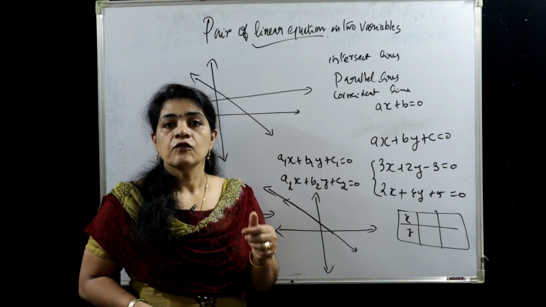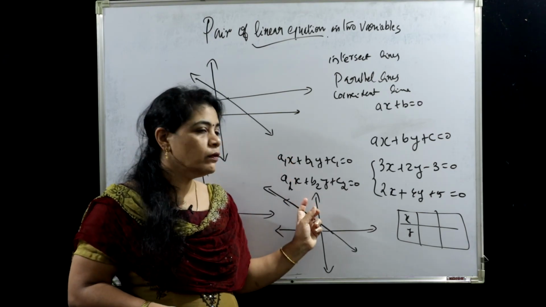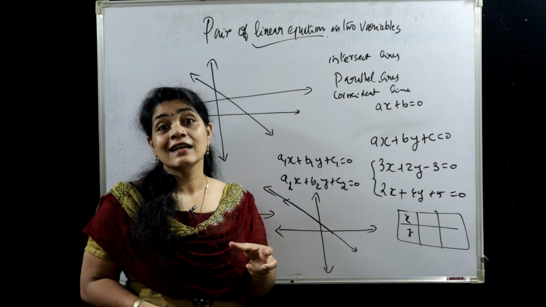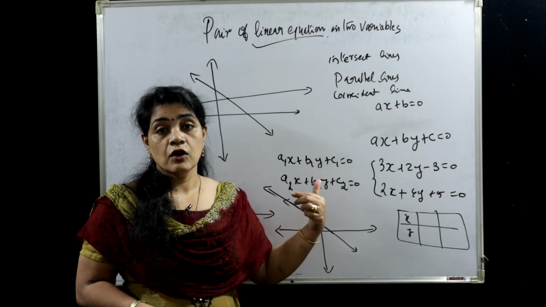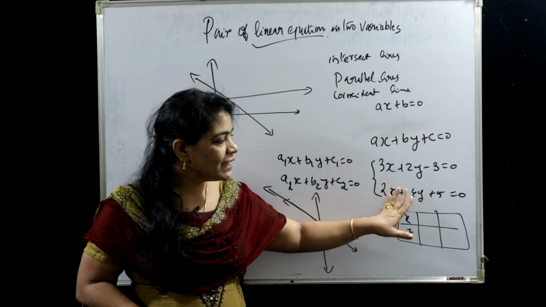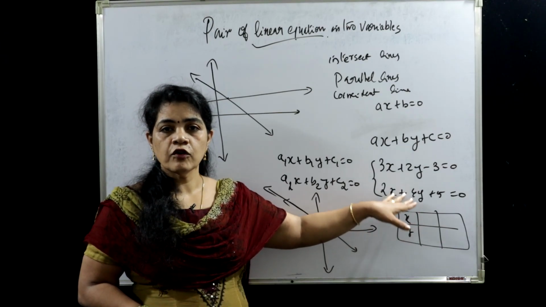And for that we compare the coefficients of x of both equations, y of both equations, and the constant term. We take the ratios of the coefficient of x, coefficient of y, and the constant term.